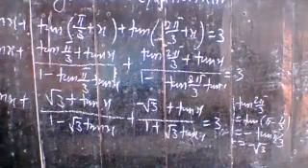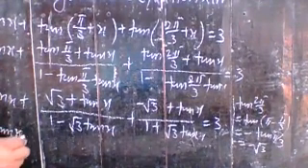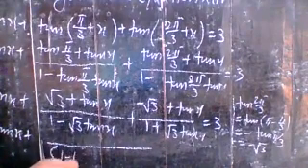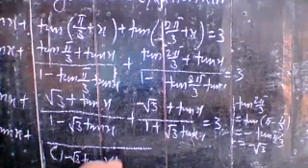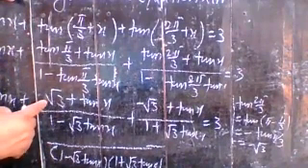Now simplify it by taking the LCM. Tan x you write as it is, and here your LCM is 1 minus root 3 tan x times 1 plus root 3 tan x. Oh, sorry.